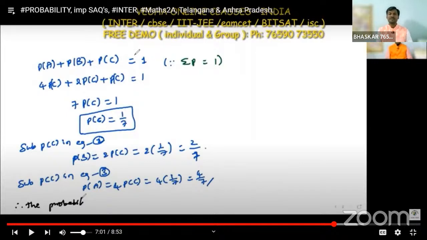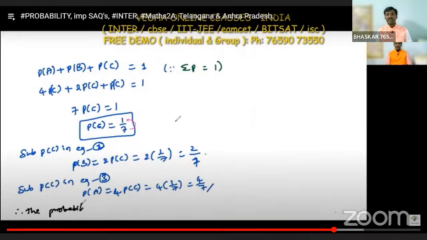It is very simple math. Out of 7 times, 1 time the C horse will win. Double means out of 7 times, 2 times B will win the race, and out of 7 times, 4 times A will win the race.